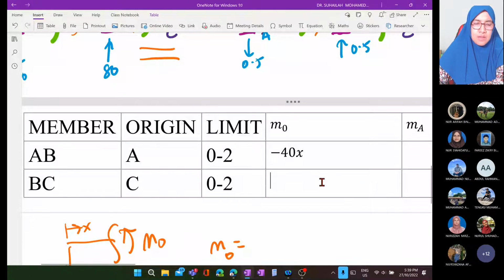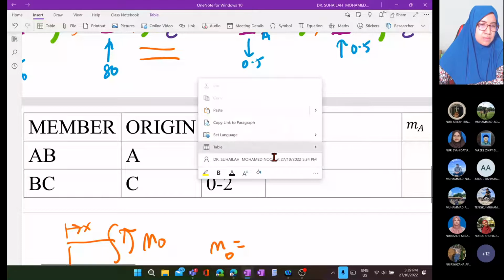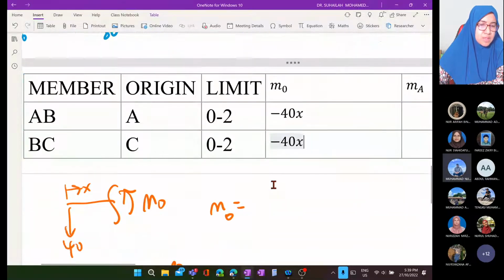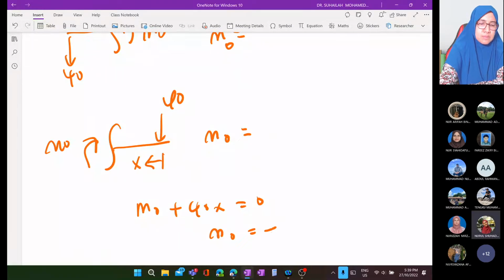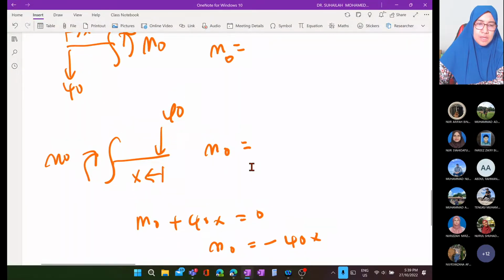Negative or positive? It is M naught plus 40x equal to 0, so for negative or positive? Negative. Negative 40x.